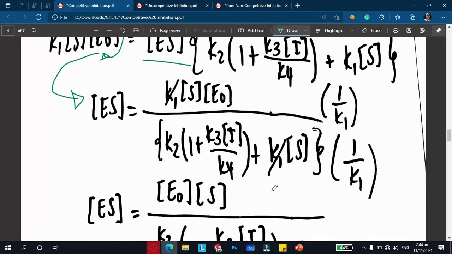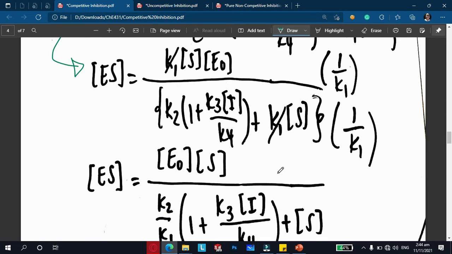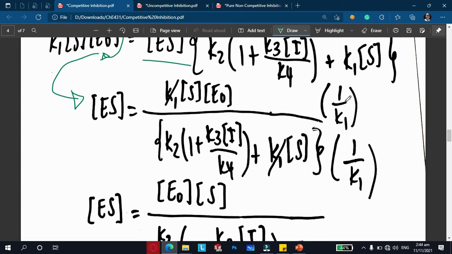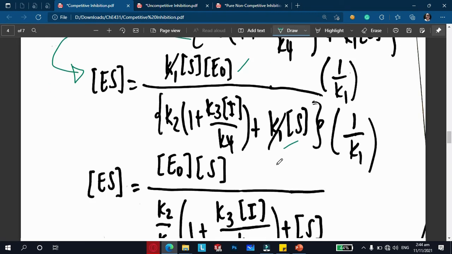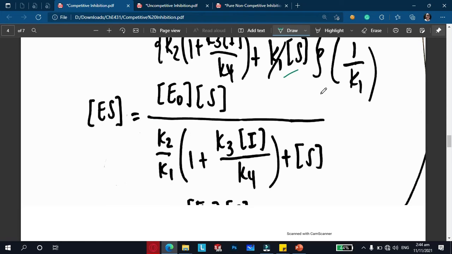Now we further simplify, making sure that the remaining constants are that of the inhibitor for the substrate. So we are going to multiply the reciprocal of K sub 1, because that's the common factor in the numerator and in the denominator. So now we have our ES term, but we haven't renamed the rate constants yet.